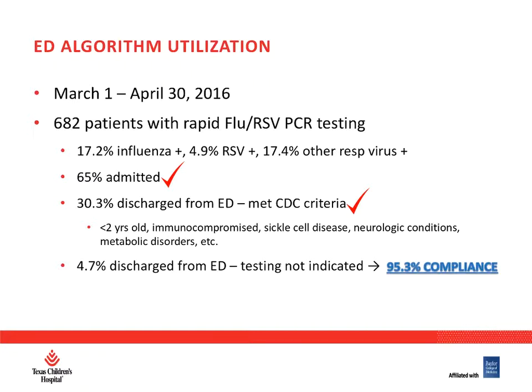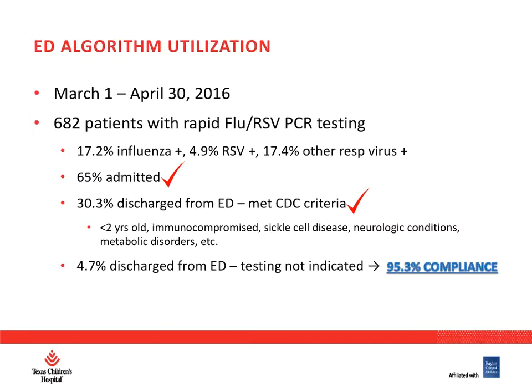And during that time period, there were 682 patients that had the rapid flu RSV PCR. About 17% had a positive flu, about 5% had a positive RSV, and then 17% had another respiratory virus. Remember, if it's negative for flu A, B, and RSV, then we test for parainfluenza, metapneumo, and adenovirus.